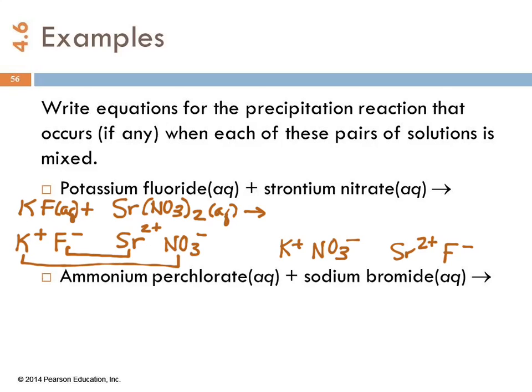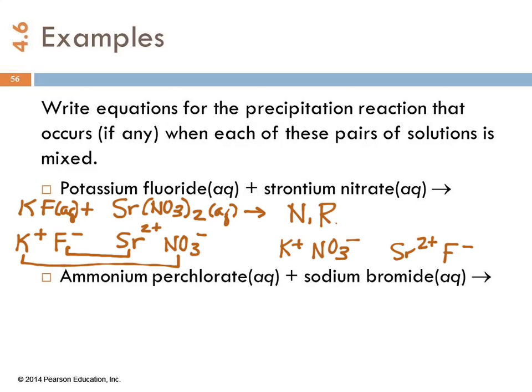There were some exceptions. Do you remember what they are? Silver 1, mercury 1, and lead 2. This isn't one of those. So this must be soluble, right? What do we do? No reaction. There is no chemical reaction here. It's just a physical mixing of things.